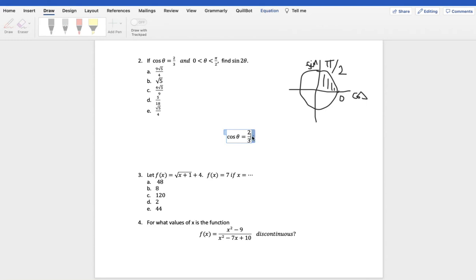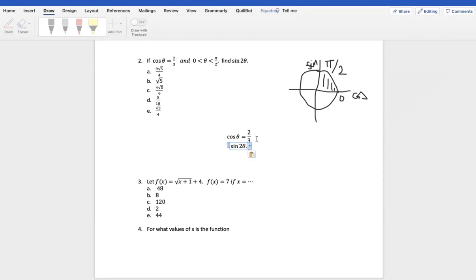Since you know that, they're asking you to find sine of 2 theta. There are multiple ways you can go about this. One way is to use the double angles. So sine of 2 theta is just equal to 2 sine of theta multiplied by cos of theta.